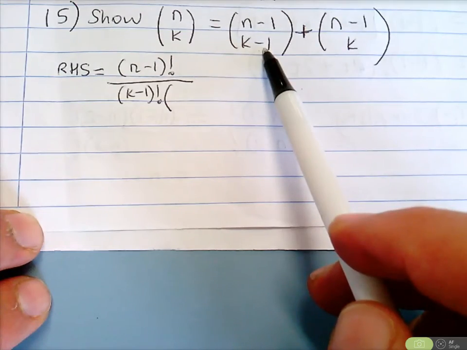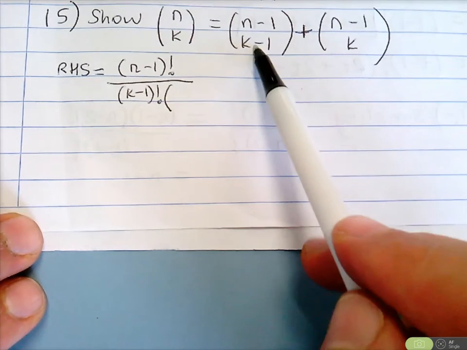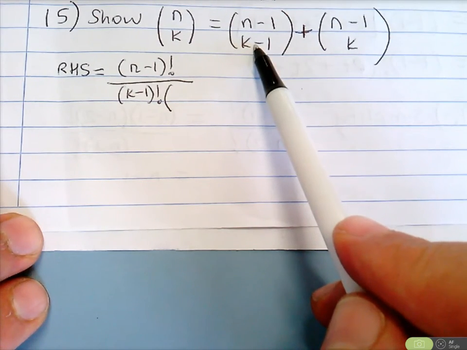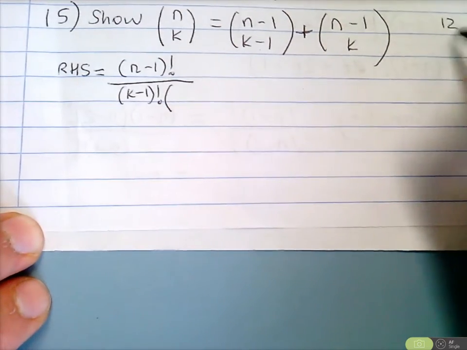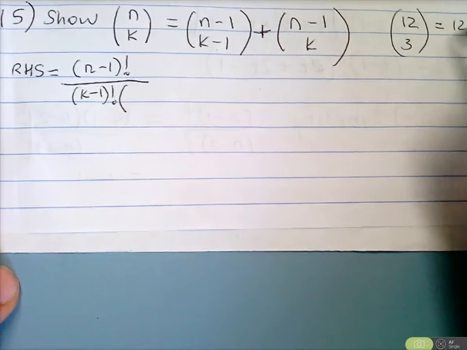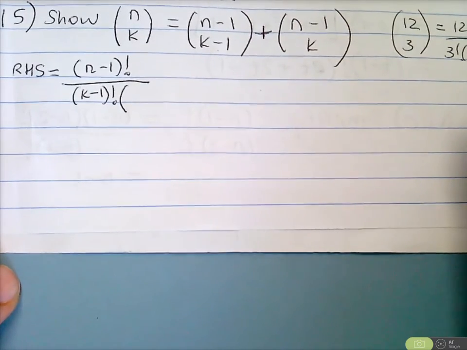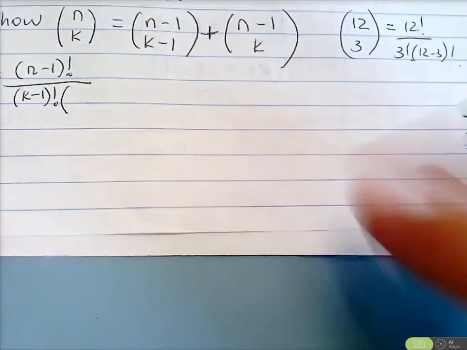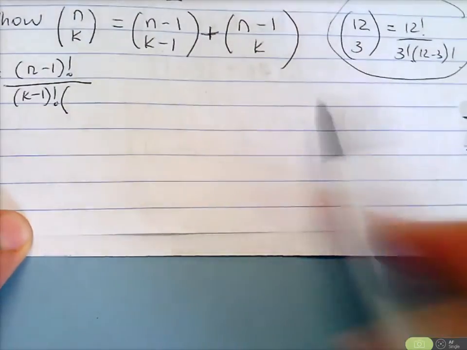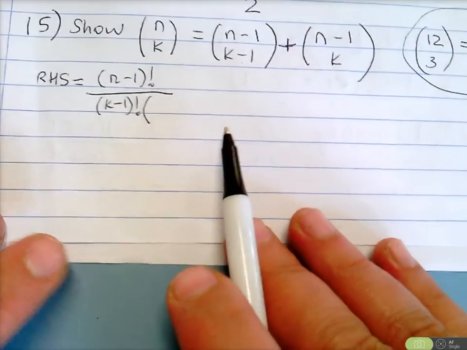Number on top of another one, so that would be that number over this factorial times that minus that factorial. It's like 12 on 3, for example, is 12 factorial over 3 factorial, 12 minus 3 factorial. That's what I'm doing, but not with numbers, with letters or pronumerals.